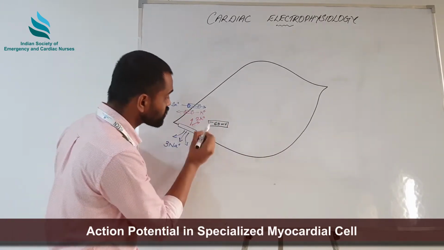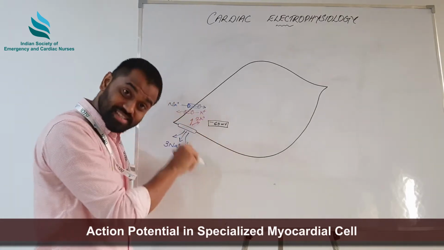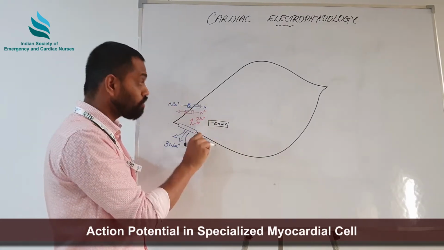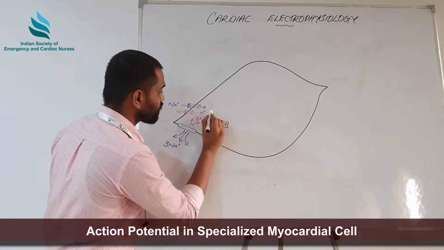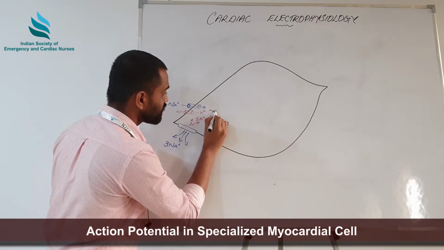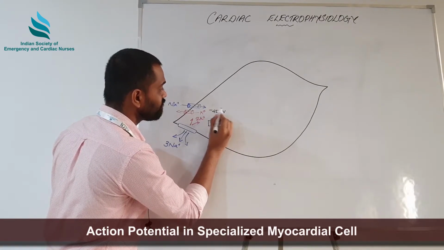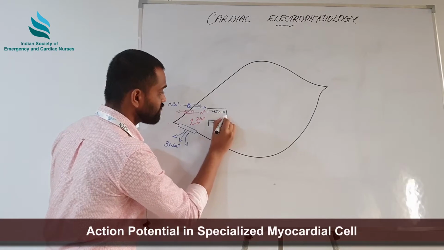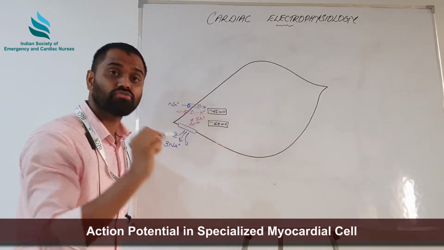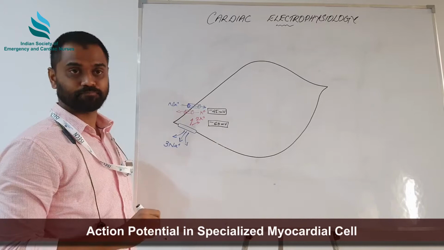So from the resting membrane potential of minus 60 millivolt, the voltage of the cell rises towards minus 45 millivolt, which is the threshold potential for an SA nodal cell.